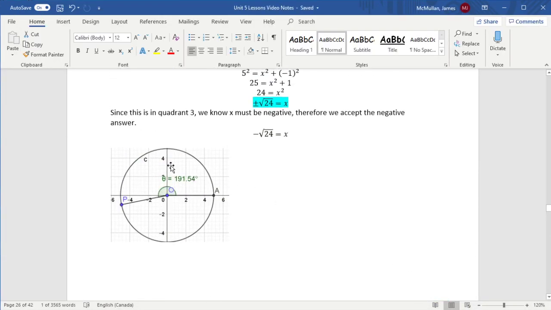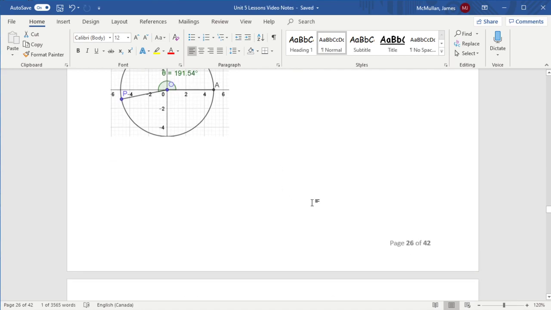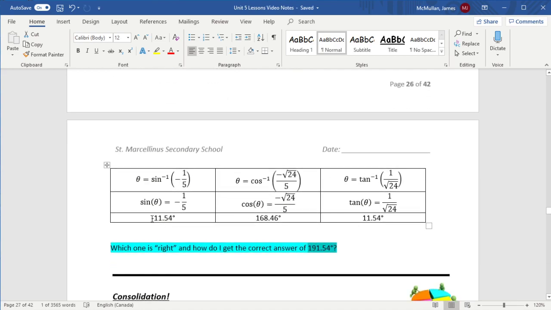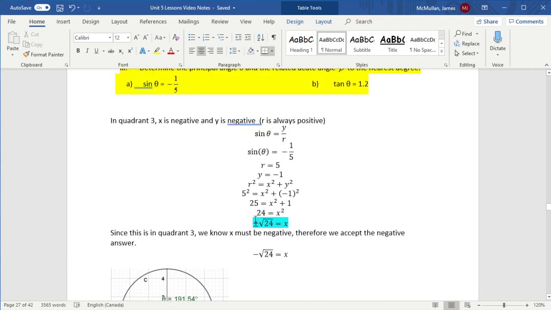The right answer was 191.54, and I got 11.54, negative 11.54, positive 11.54, and 168.46. You may not see it yet, but these are actually all right. They just need to be interpreted.